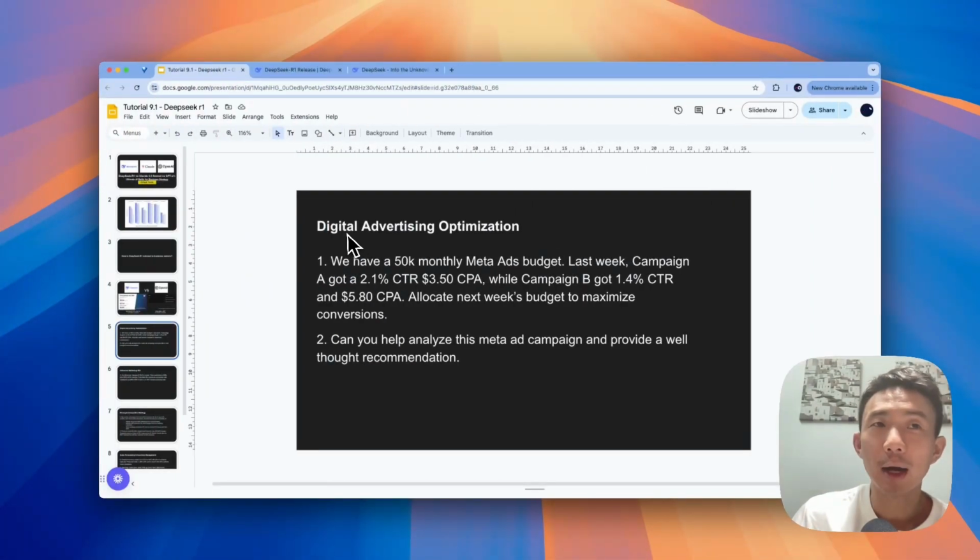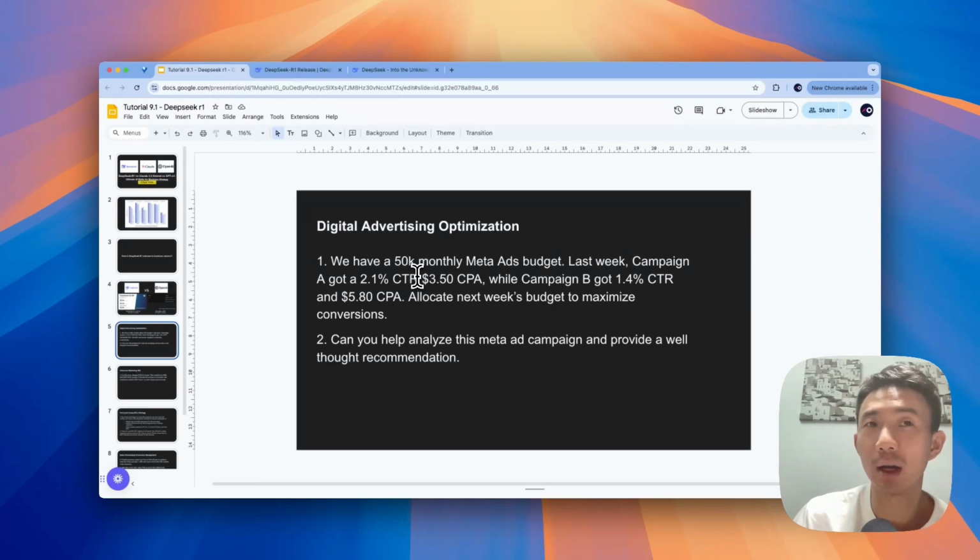For the first category, it would be digital advertising optimization. So let's start with our first question. We have a 50K monthly Meta ads budget. Last week, campaign A got a 2.1% CTR.